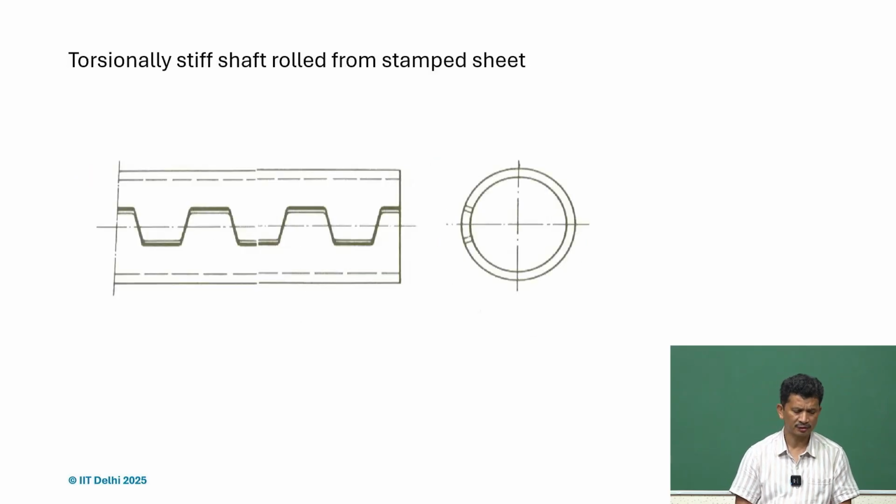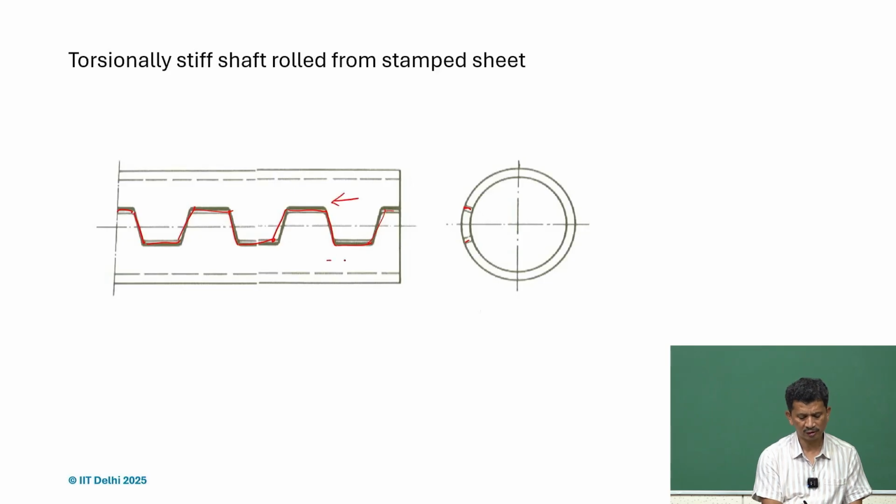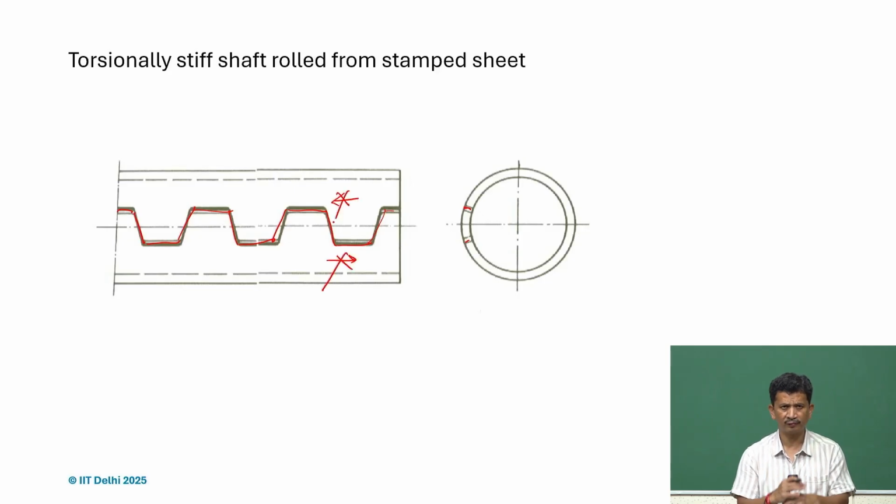Another way is we can have this kind of sections at the end. So we can have the thin sheet with this kind of sawtooth profile, and when it's rolled, they interlock, and because it's an interlock, this movement is not allowed, and therefore if there is no axial movement at the seam, then even with the open section we can still achieve the stiffness of a closed section.